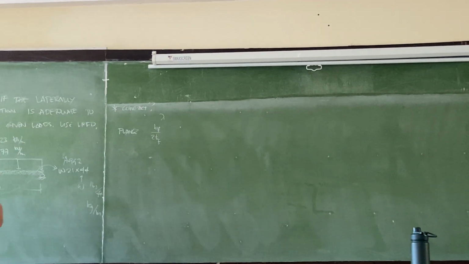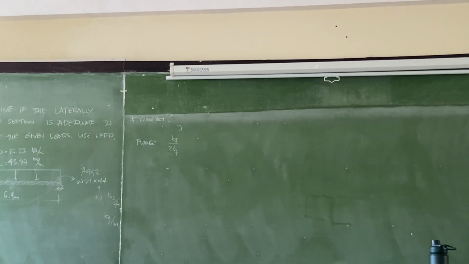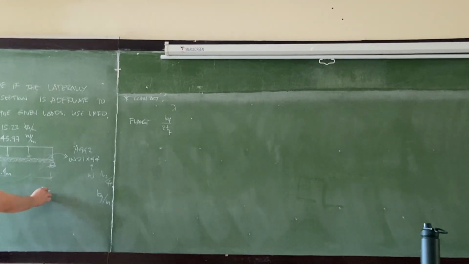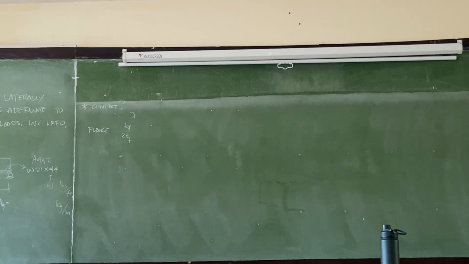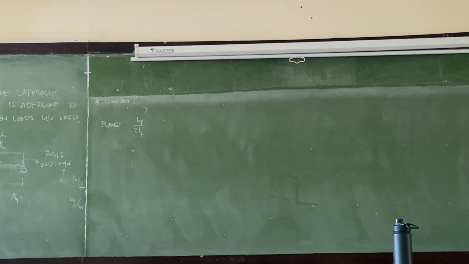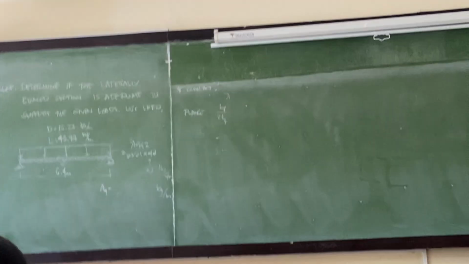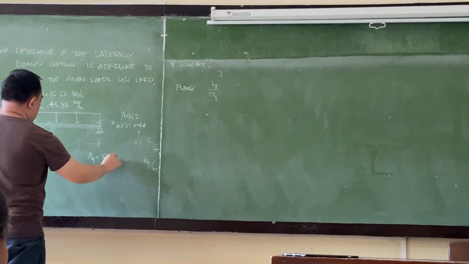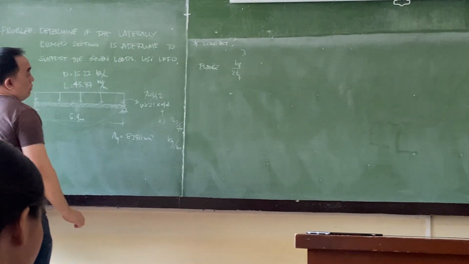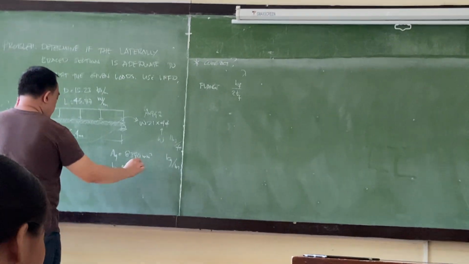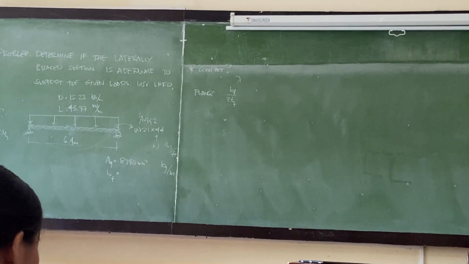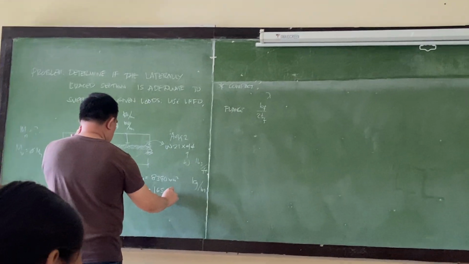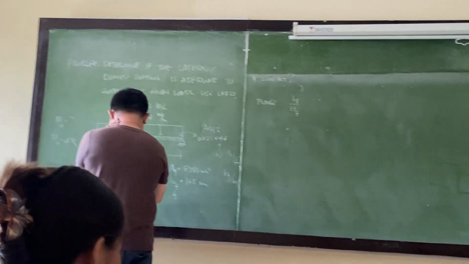For the W12 by 44, let's have the area first in SI. We use SI units now, 839. We also need the thickness of the flange.